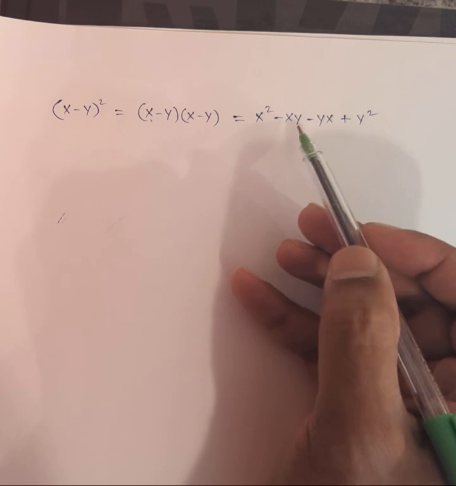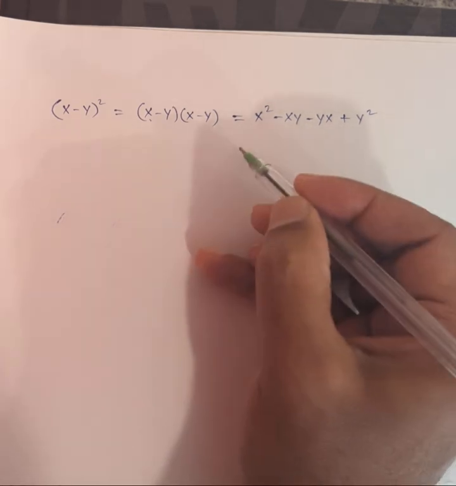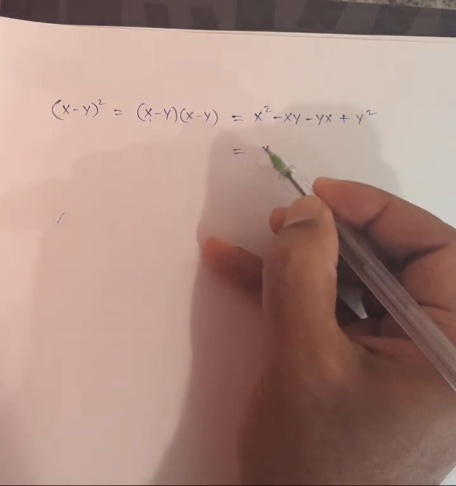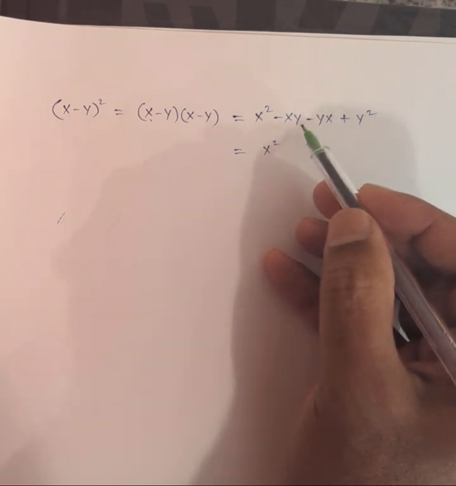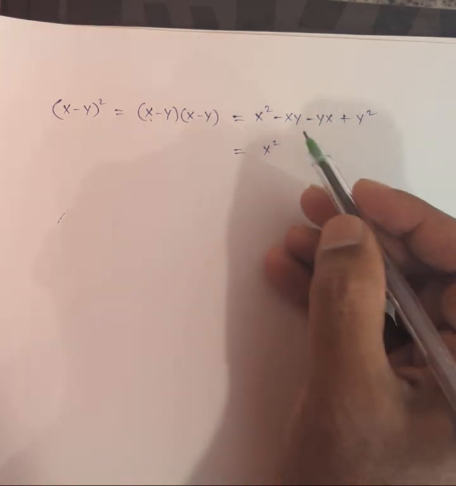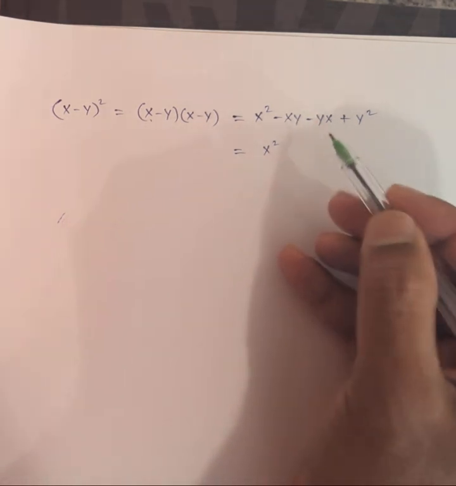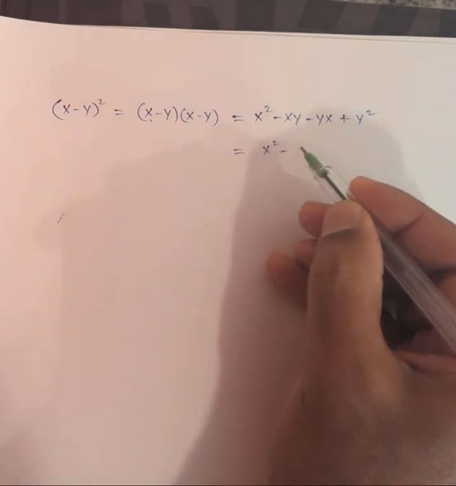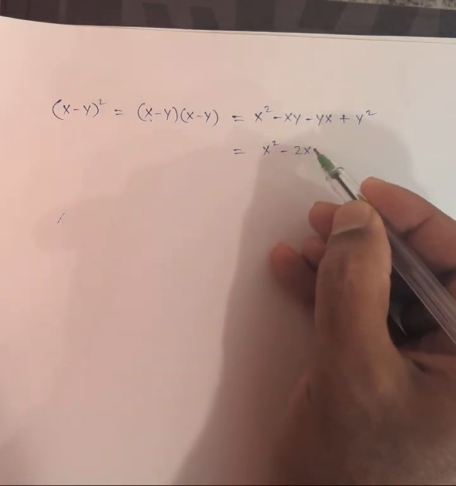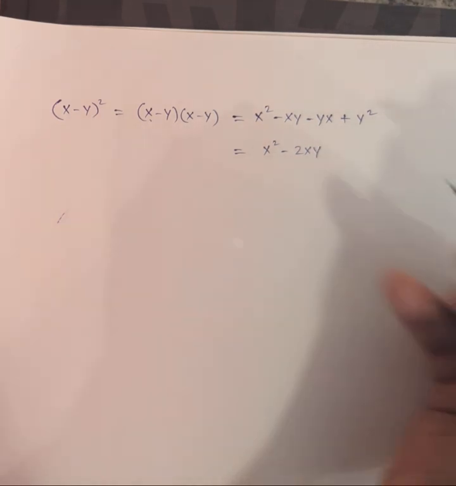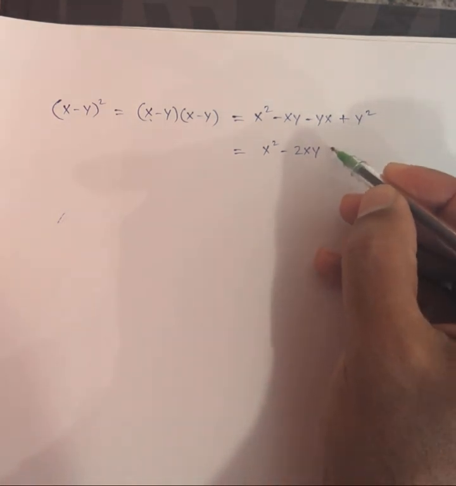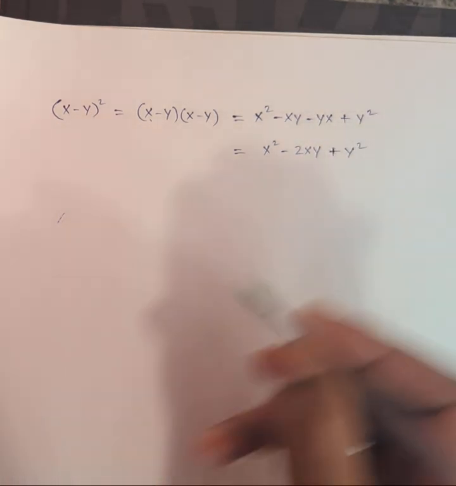And again, I can combine these two middle terms, because xy and yx are the same, I have negative xy, negative xy, that's negative 2xy. I have two of those xy's plus y square.